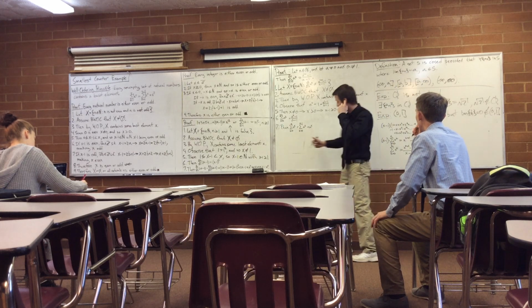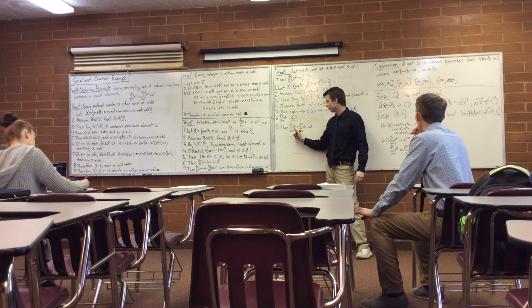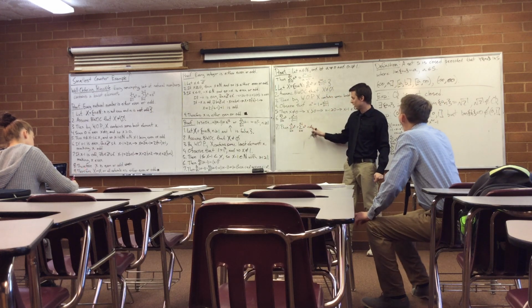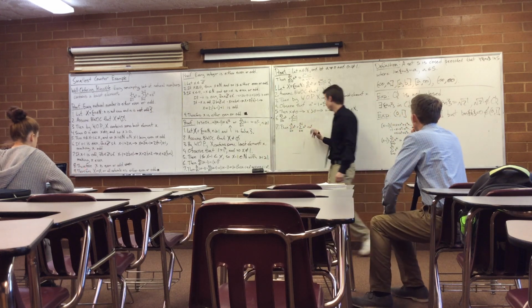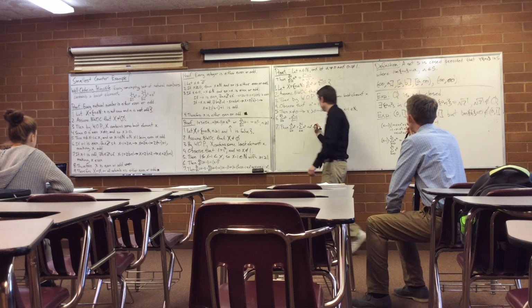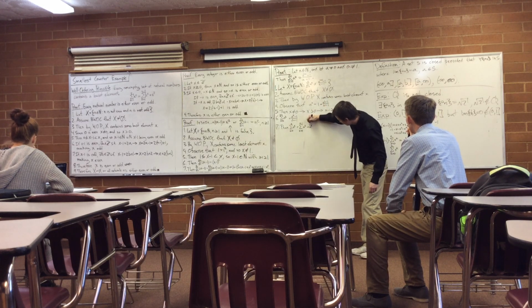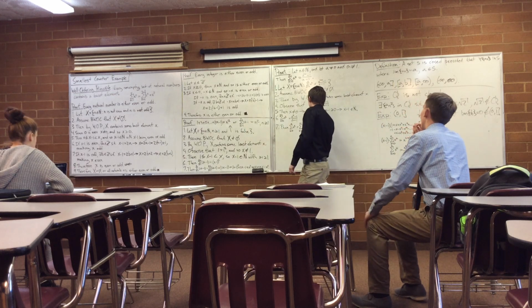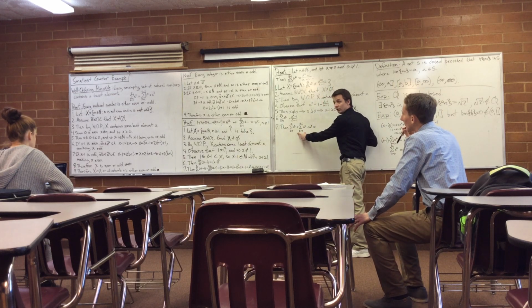The sum of all the terms up to x is equal to the sum of all the terms up to x minus 1 plus the x term, which we already know.